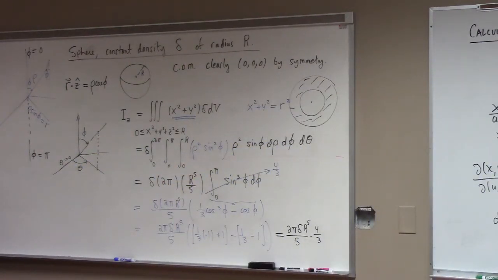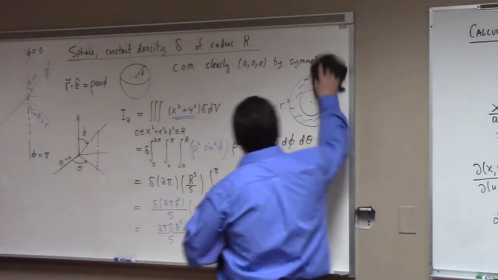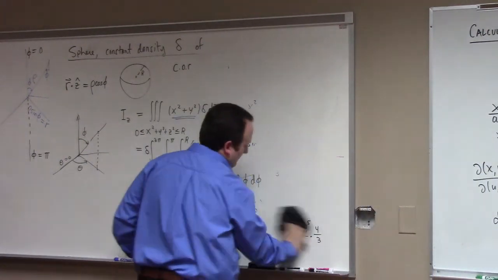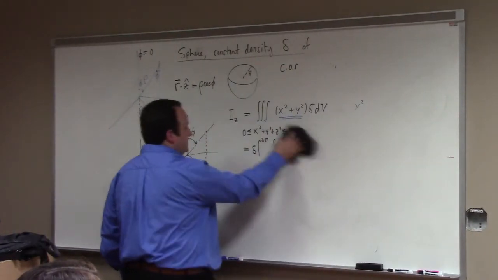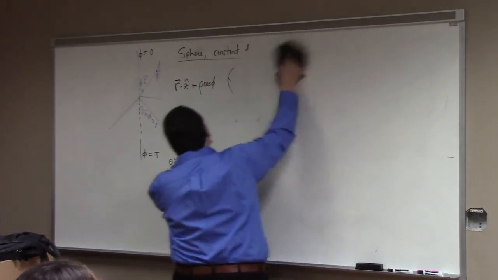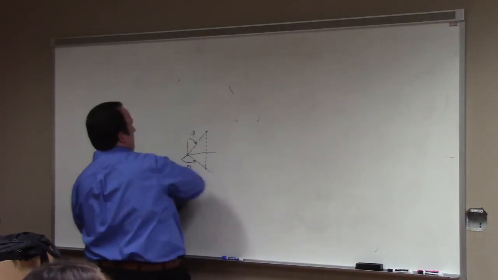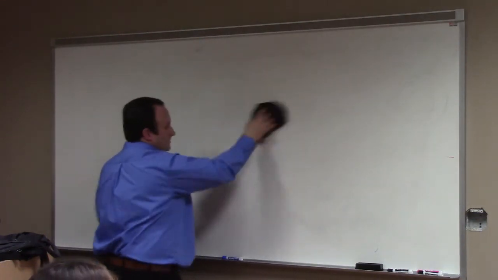Let me try to set up a more interesting polar integral here. I don't want to calculate this one. I just want to set it up, okay? Let's look at the region.